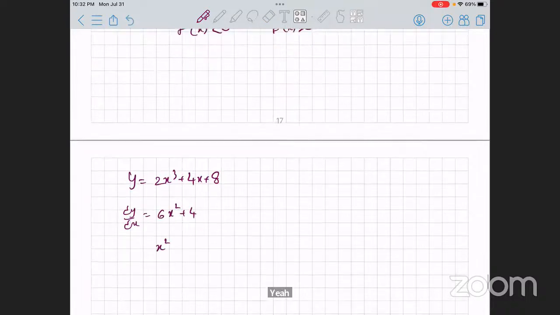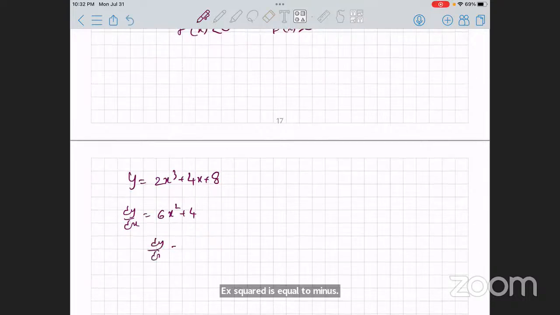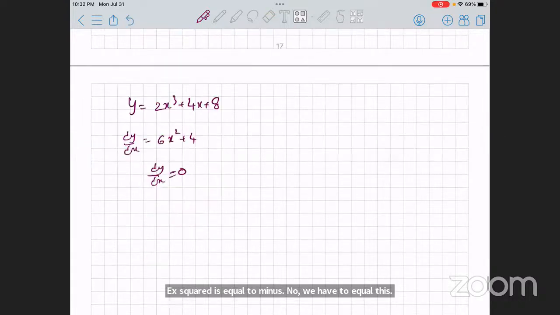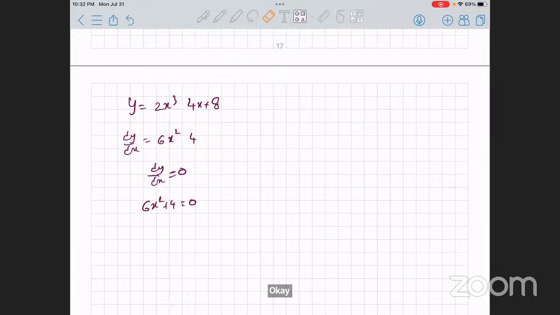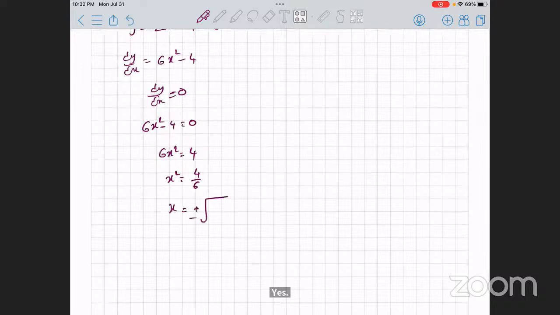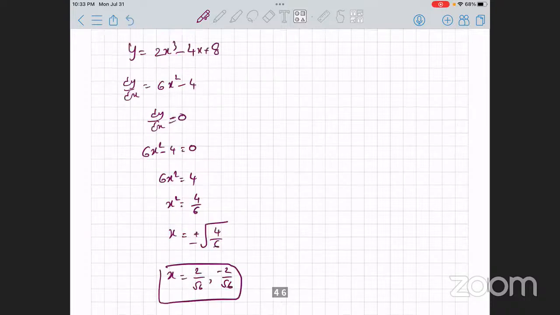Now we have to equate dy by dx to 0. So 6x square plus 4 equal to 0. Let us put a minus here so the calculation will be easy. 6x square equal to 4, x square equal to 4 by 6, x equal to plus or minus root 4 by 6, x equal to 2 by root 6 comma minus 2 by root 6. Okay, now do the second derivative test.